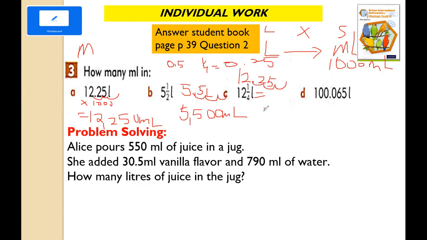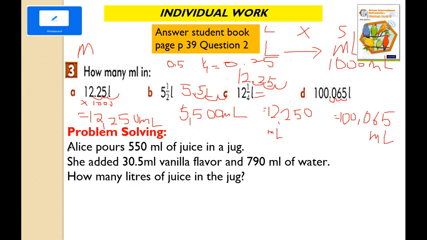So the answer is 12,250 ml. Next, so this will be moved 3 times. 1, 2, and 3. So the answer is 100,065 ml.